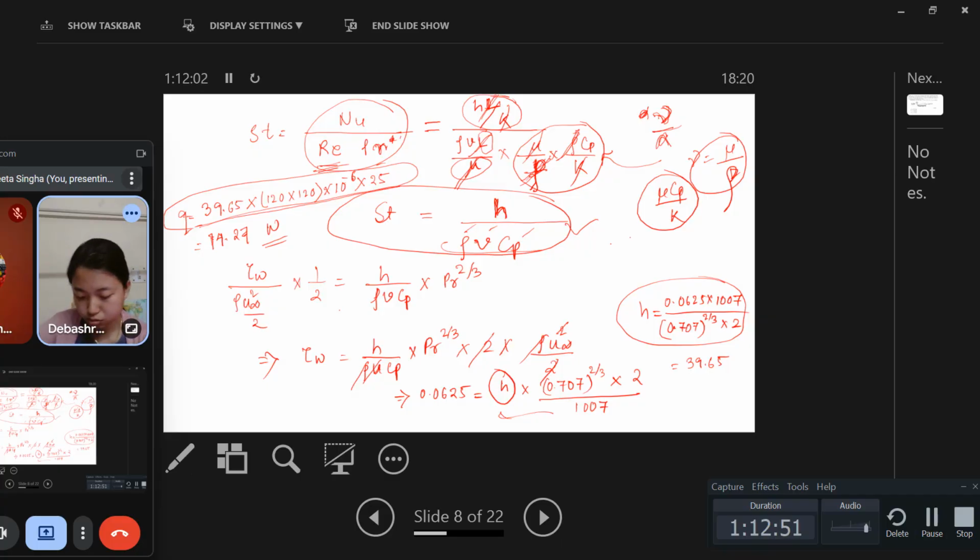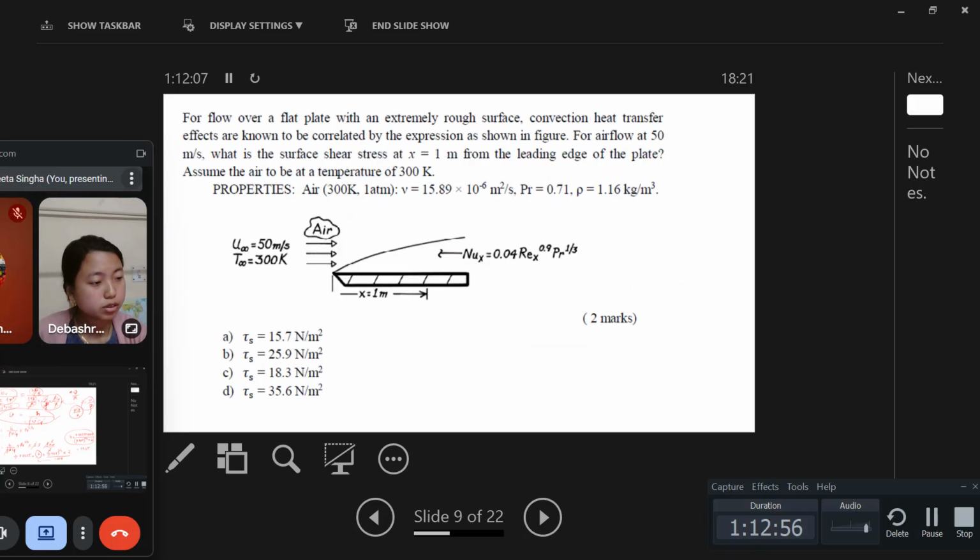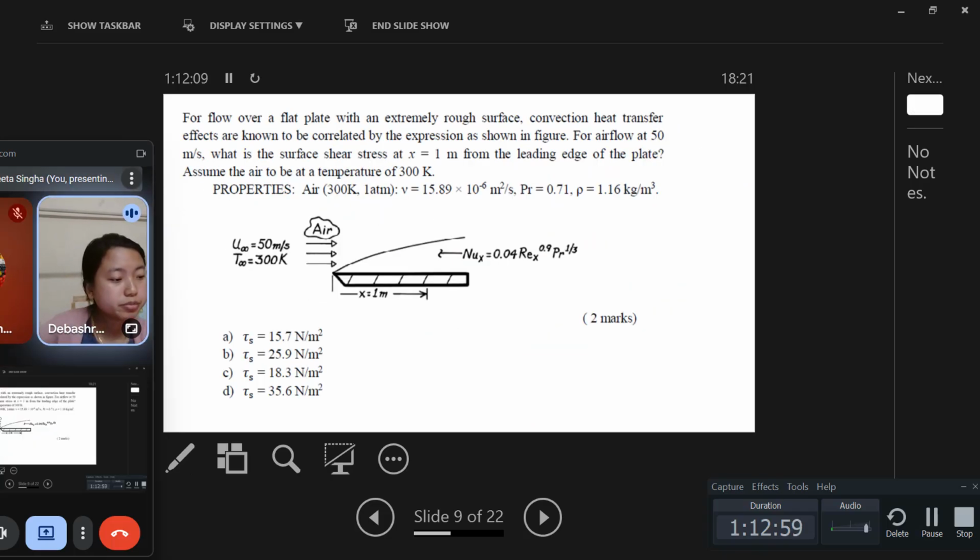You got Q? Yes, sir. Okay. We'll move to the next question. Here, they have asked for flow over a flat plate with an extremely rough surface. Convection heat transfer effects are known to be correlated by the expression as shown in the figure. That means this Nu_x is equal to 0.04 Re_x to the power 0.9 and airflow at 50 meter per second.